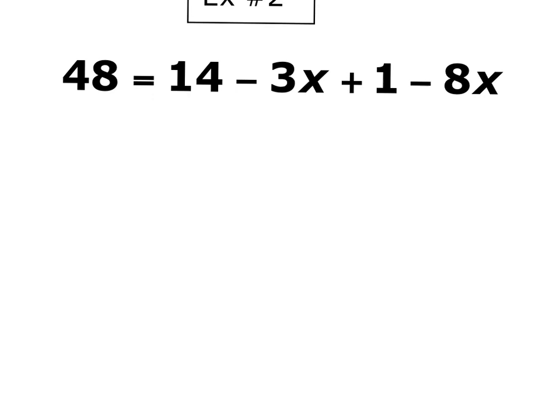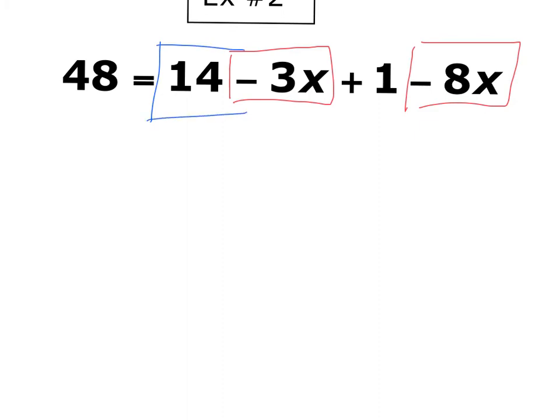Once again, let's look for things that are similar, that are common, that you can combine. We have the x's that we can combine, and remember to always include the operator to the left. And then you have your common numbers that we can add together. So let's write out our entire equation. We have 48 equals, let's add our x's together.